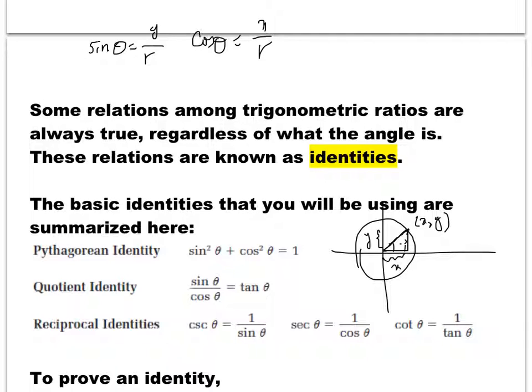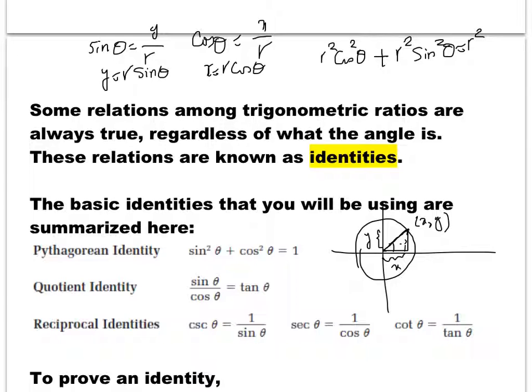So x from here is r cos theta, y here is r sine theta, so I can write x squared is r squared cos squared theta plus y squared is r squared sine squared theta is equal to r squared.